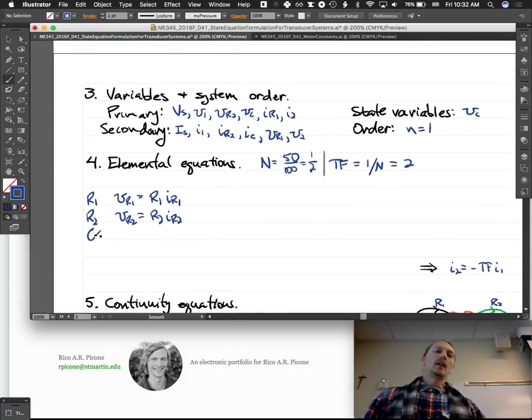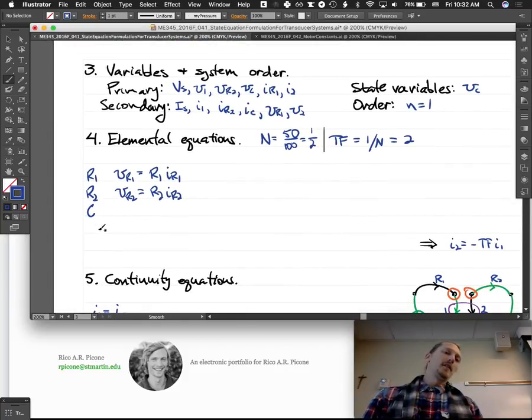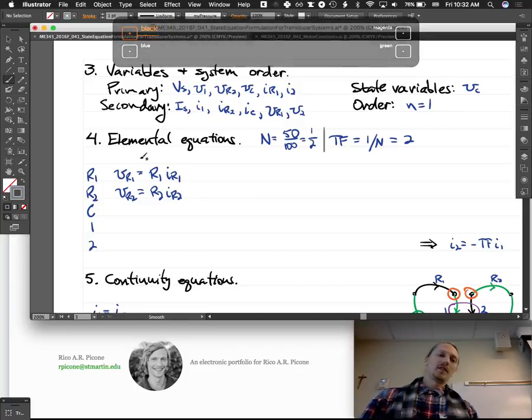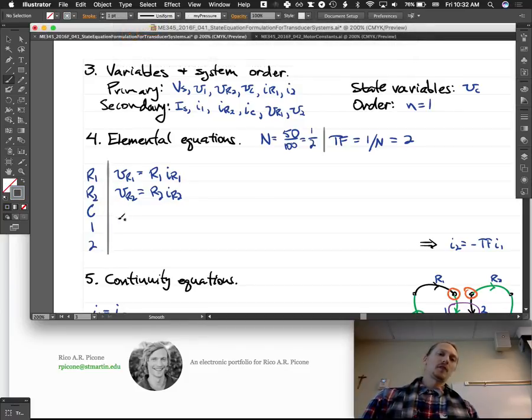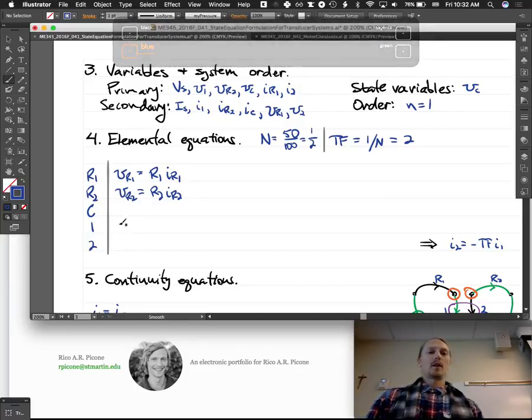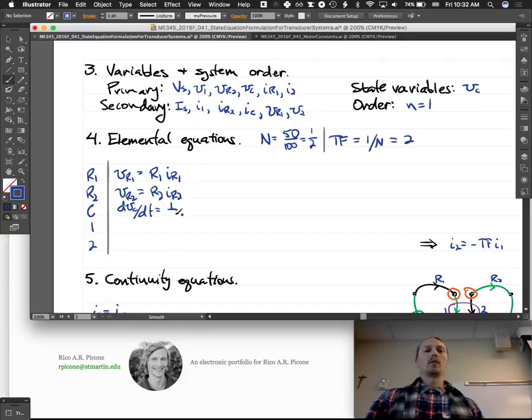And then there are these two, so we could do 1, 2, just to show that for the transformer we've got 2 there. Our capacitor elemental equation is dVc/dt equals 1 over C IC.